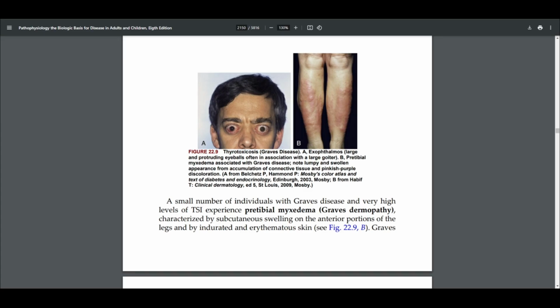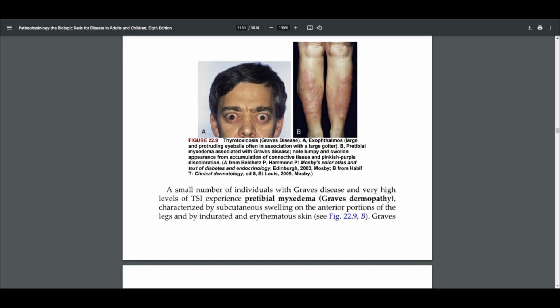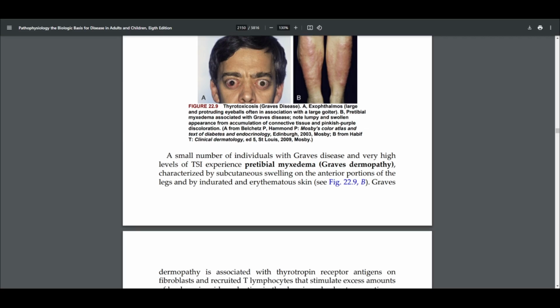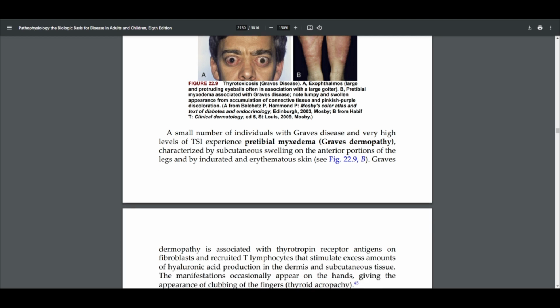A small number of individuals with Graves' disease and very high levels of TSI experience pretibial myxedema or Graves' dermopathy. Again, you see that in the legs here in the picture, characterized by subcutaneous swelling on the anterior portions of the legs and by indurated or erythematous skin.